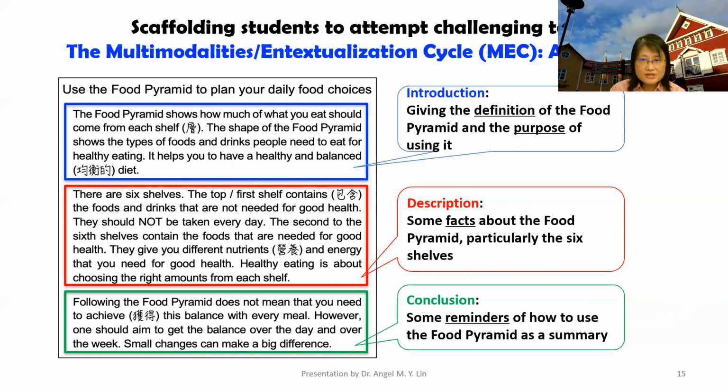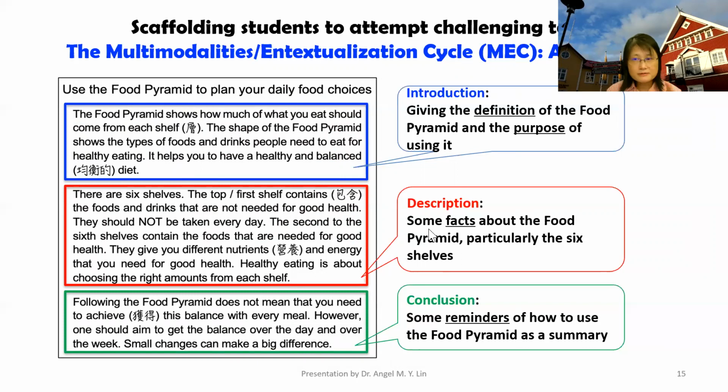So as we are teaching students to read, we guide students to analyze the description text so that they know, oh, for a description text, the first stage is to introduce the food pyramid by giving a definition, by stating the purpose.